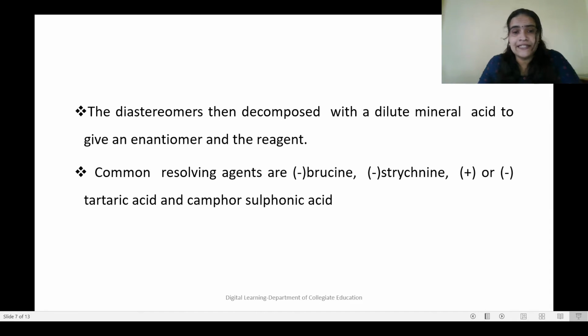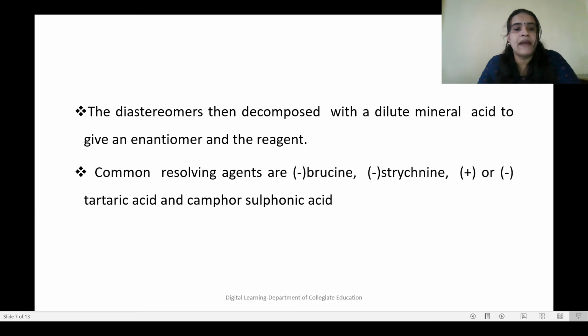Once the diastereomers are obtained, they can be decomposed with a dilute mineral acid to give an enantiomer and the reagent.